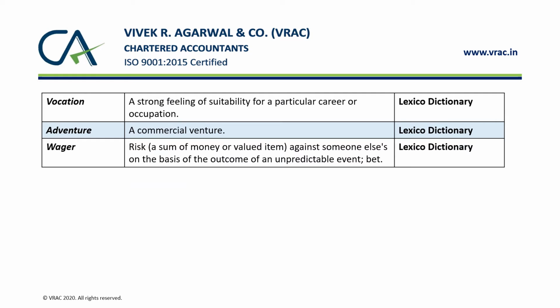Vocation means a strong feeling of suitability for a particular career or occupation, by Lexico Dictionary. Adventure means a commercial venture, by Lexico Dictionary. And wager means risking a sum of money or valued item against someone else's on the basis of the outcome of an unpredictable event, or it means bet, by Lexico Dictionary.